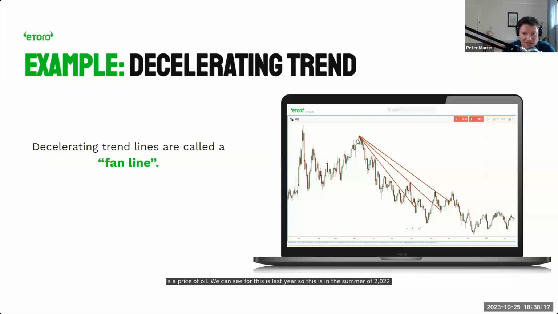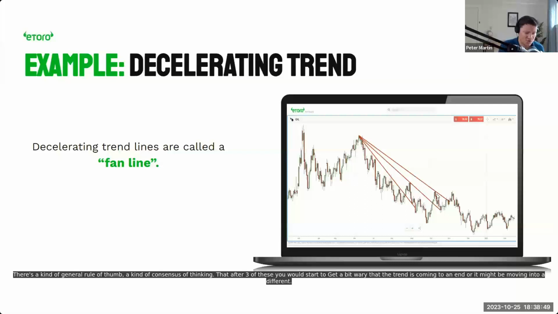But this is an example. Here is the price of oil. We can see this is last year, so this is in the summer of 2022. We can see that there was a downtrend in the oil price there. The initial trend line through the first peaks described quite well the trend, but then the trend decelerated and the peaks were no longer within our initial trend line. So we drew another one to match up with the next peak, and then it decelerated again, and we get a third one.